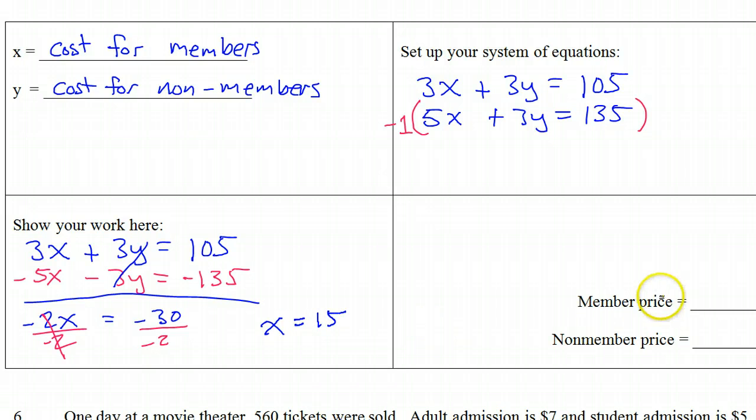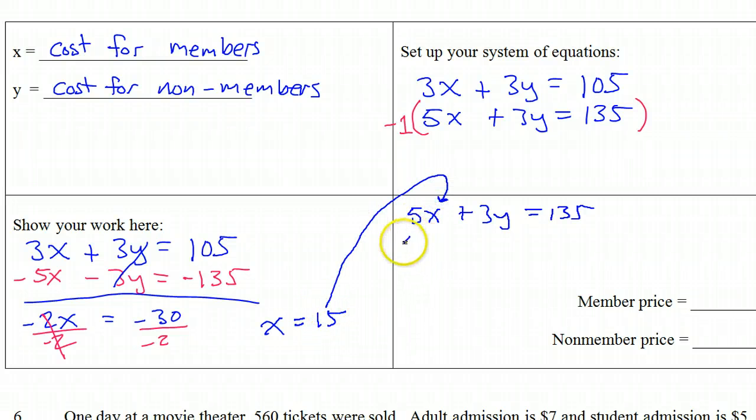Now the non-member price is the y value, so I need to plug this back in to one of the original equations. It really doesn't matter which one I use. Say if I use the 5x plus 3y is equal to 135 one. Then with x being 15 now, this becomes 5 times 15 plus 3y is equal to 135.